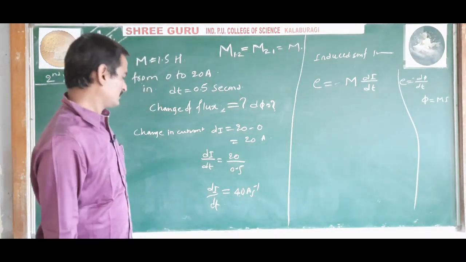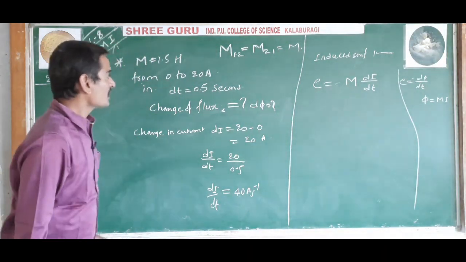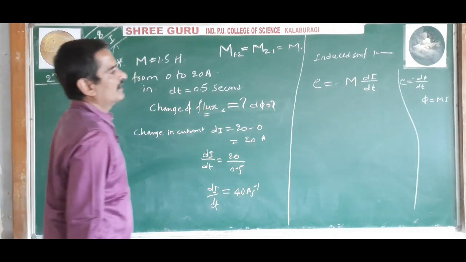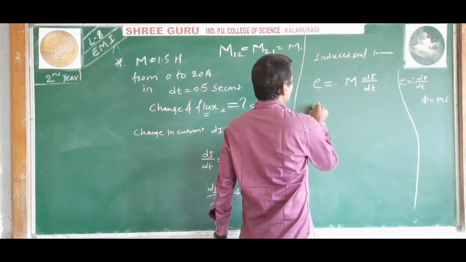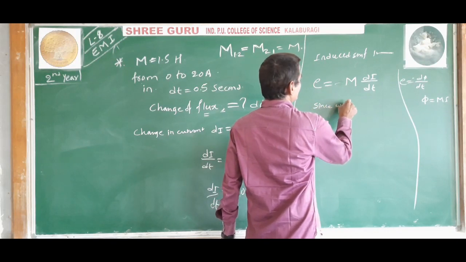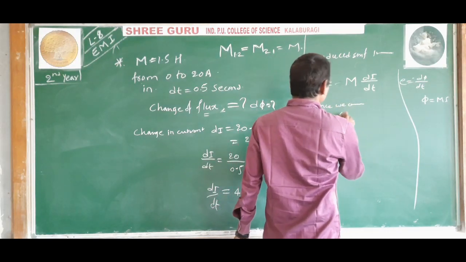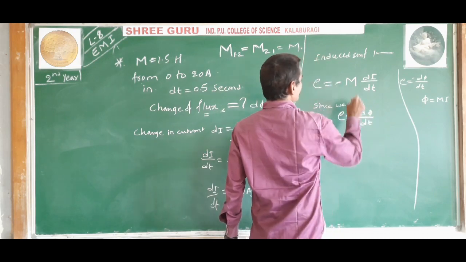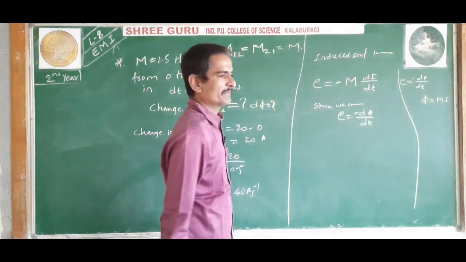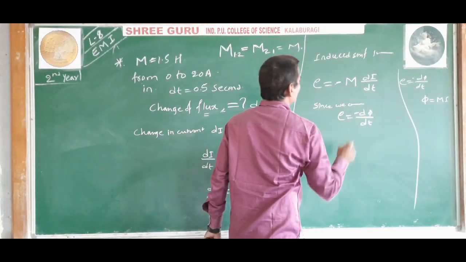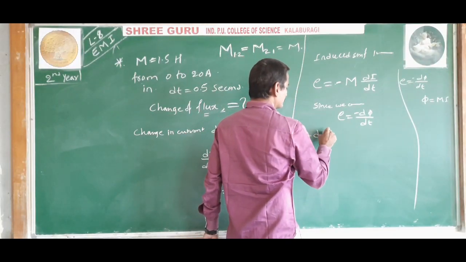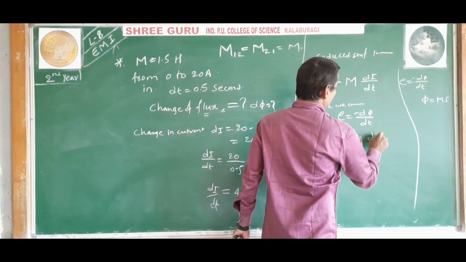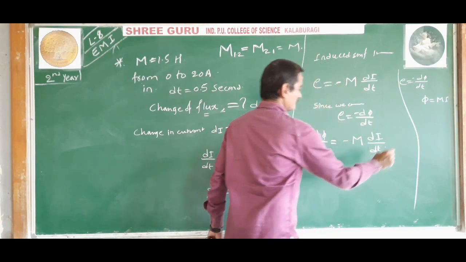Now what they want is the change in flux. Since we can also write E is equal to minus d phi by dt, and now combining these two formulas, what you will get is minus d phi by dt is equal to minus M di by dt, right?